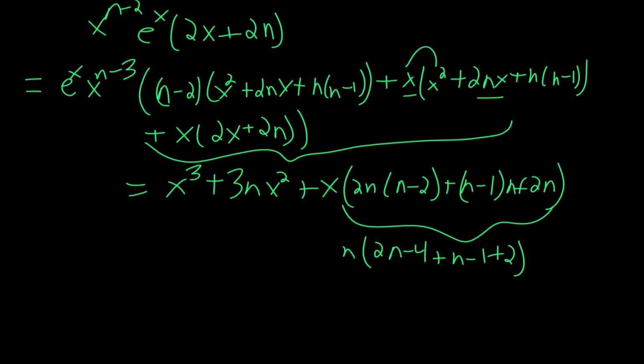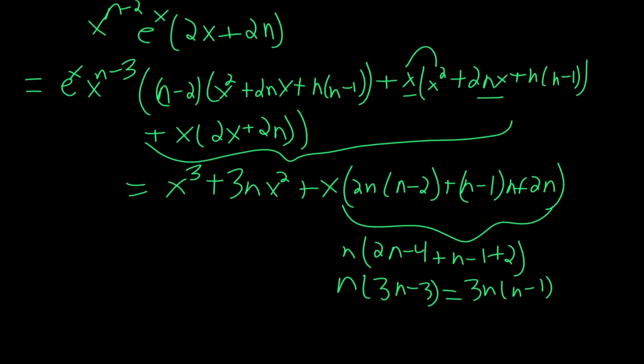We have 2 minus 4 minus 1, which is just negative 3, and then we have 2n plus n, which is just 3n. So we really have an n times 3n minus 3, but we can just factor out a 3 to get 3 times n, n minus 1. So that term right there is just going to be 3n times n minus 1.